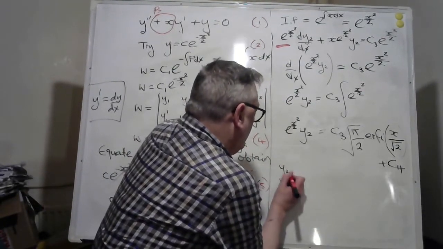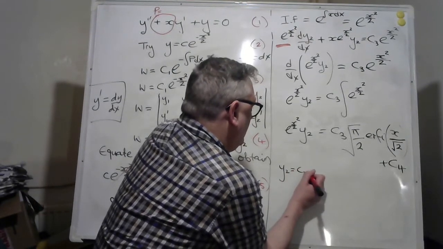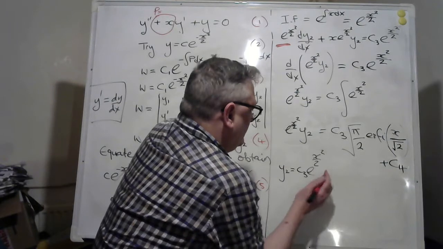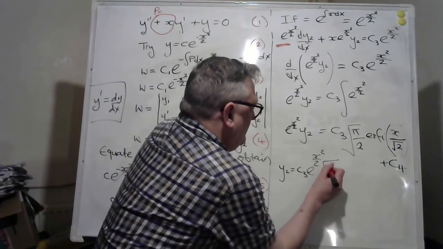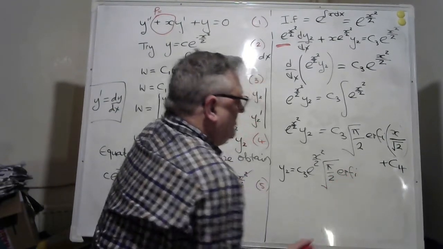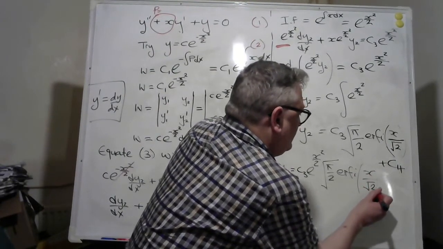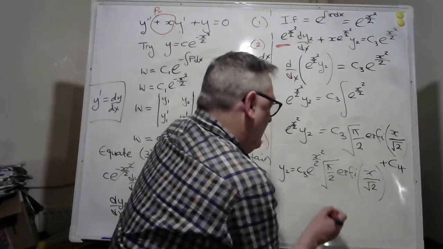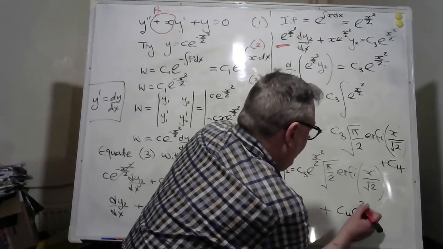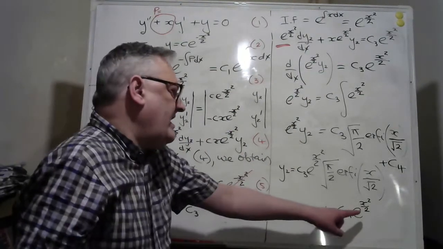So we've got y2 equals c3 e to the x squared over 2 times root pi over 2 times the imaginary error function of x over the square root of 2, plus c4 times e to the x squared over 2.